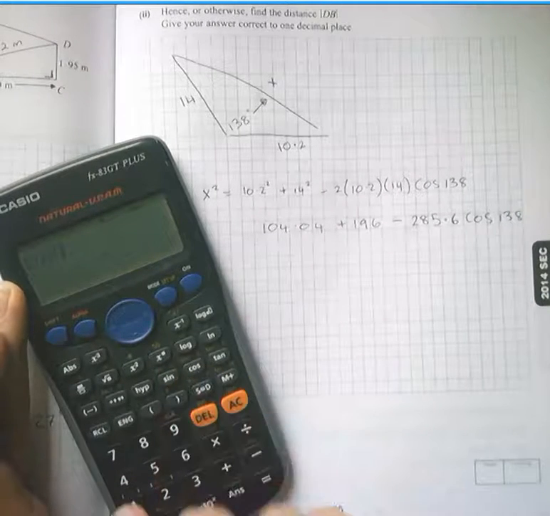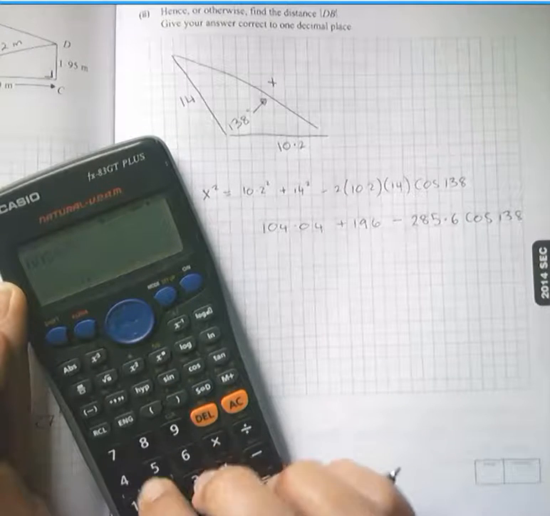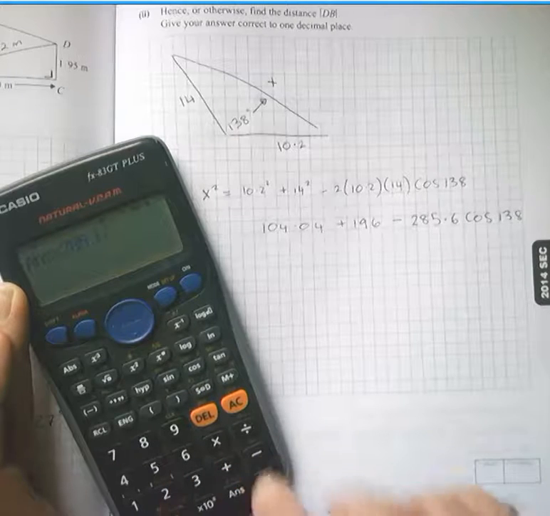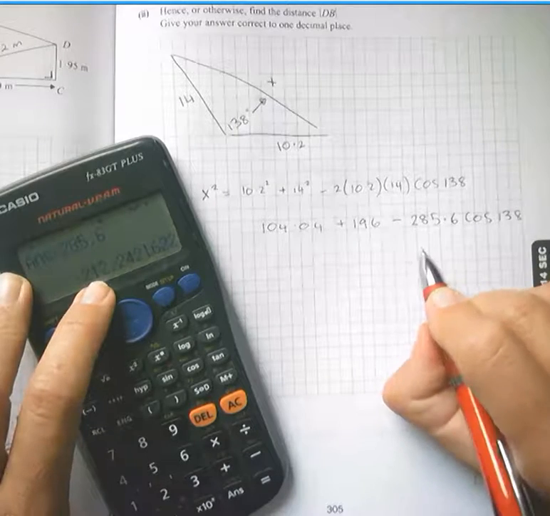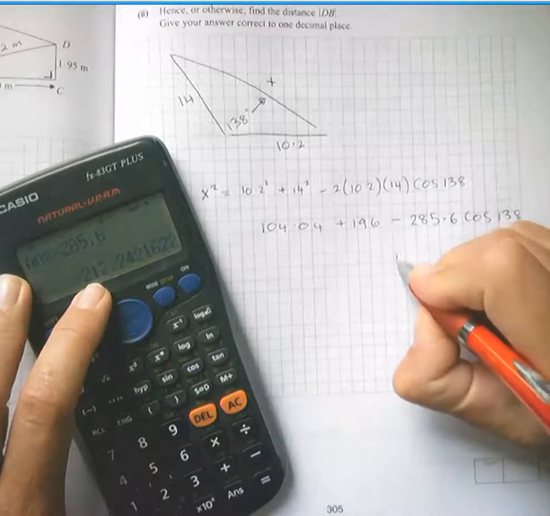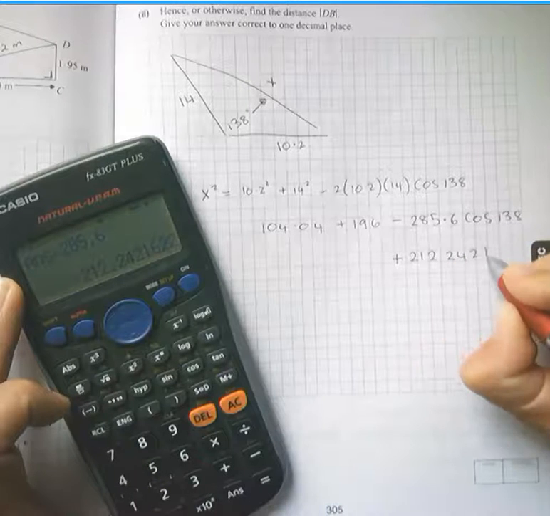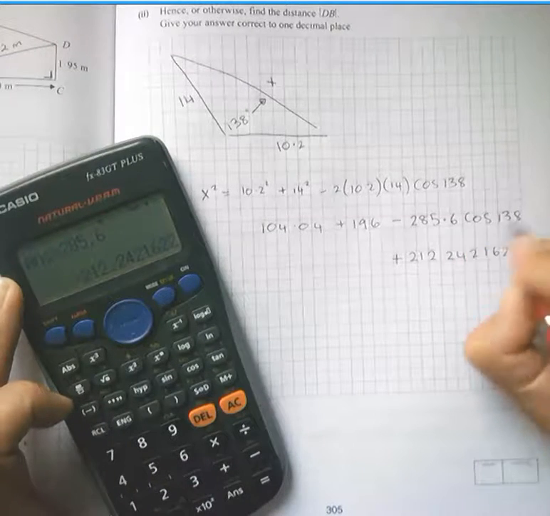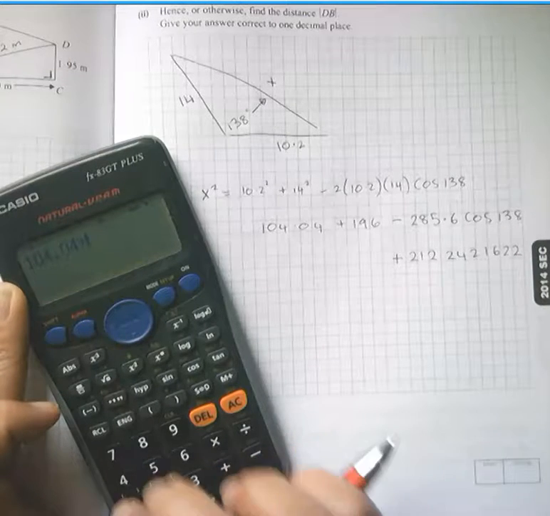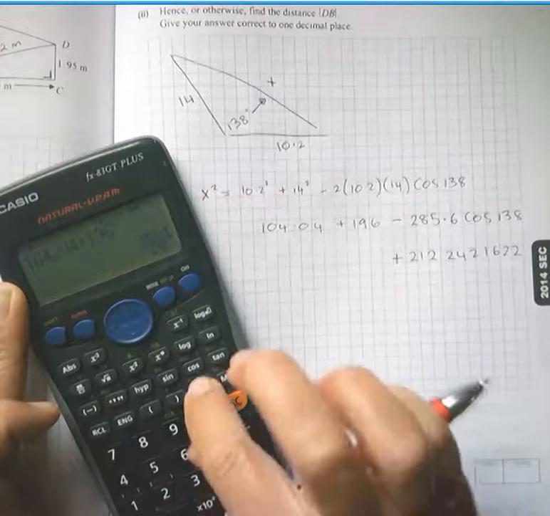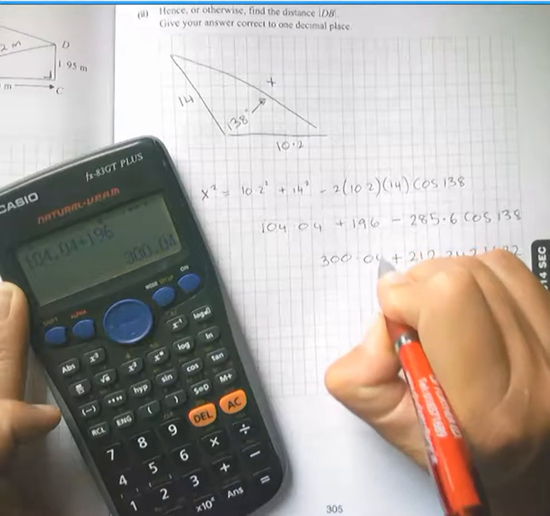So then I would work that out in the calculator. I'd go cos of 138, equals, times 285.6, equals. I am getting a minus 212, so a minus minus, which means this is a plus. So you're getting 212.242162 for this section. 104.04 plus 196 gives you 304.